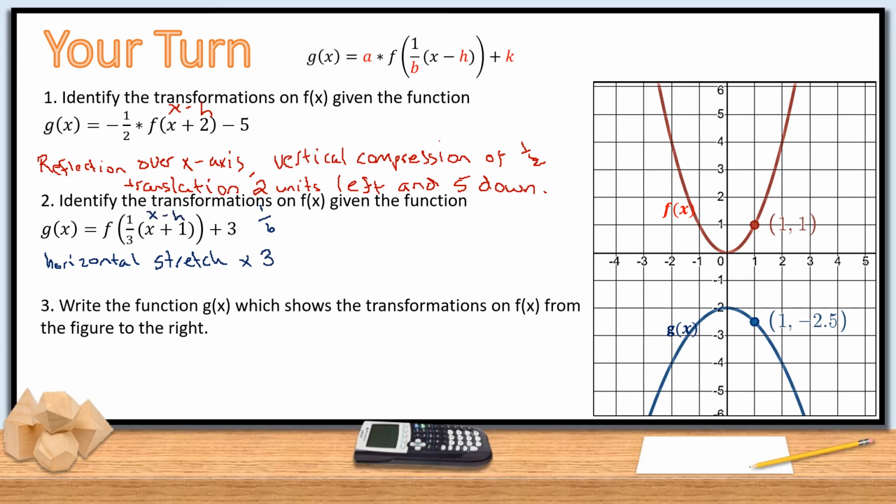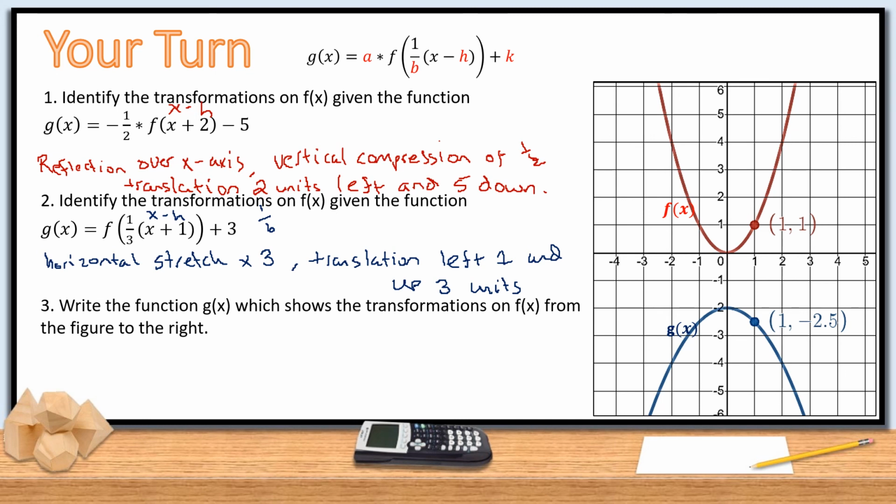X minus h, so h is negative 1, so it's going to be a translation left 1 unit, and then we've got a plus 3, so left 1 unit and up 3.